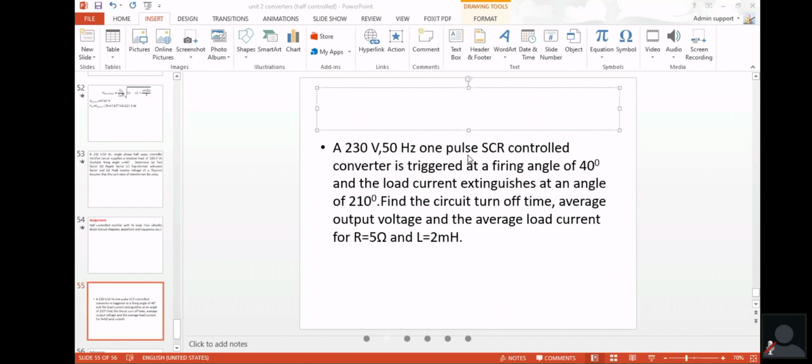Please note down this problem quickly so that we'll solve. It will not take even 5 minutes. Now I'll try to connect this to my mobile so that we'll solve here together.